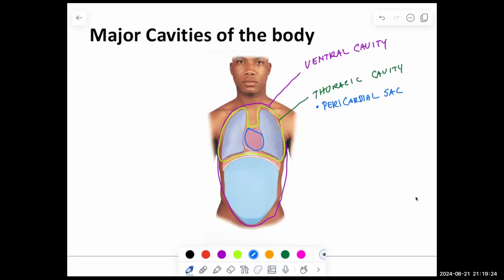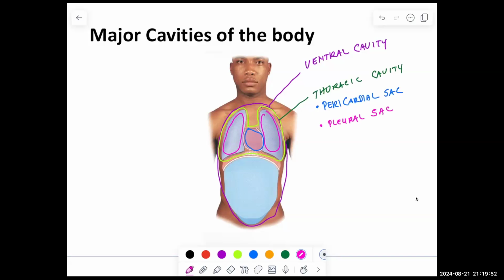Inside the thoracic cavity, you also have two of these. This is where your lungs are. Your pleural cavity or your pleural sac. I always think of plural as more than one. You have two lung sacs, so that's how I remember that one.